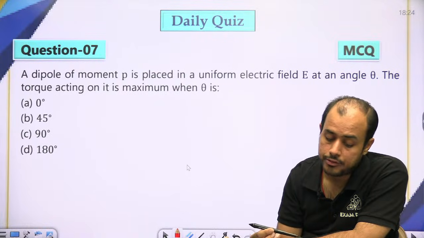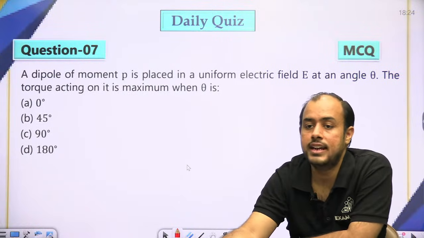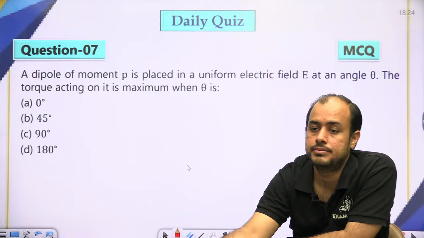A dipole of moment P is kept in an electric field at an angle theta. When will the torque be maximum?